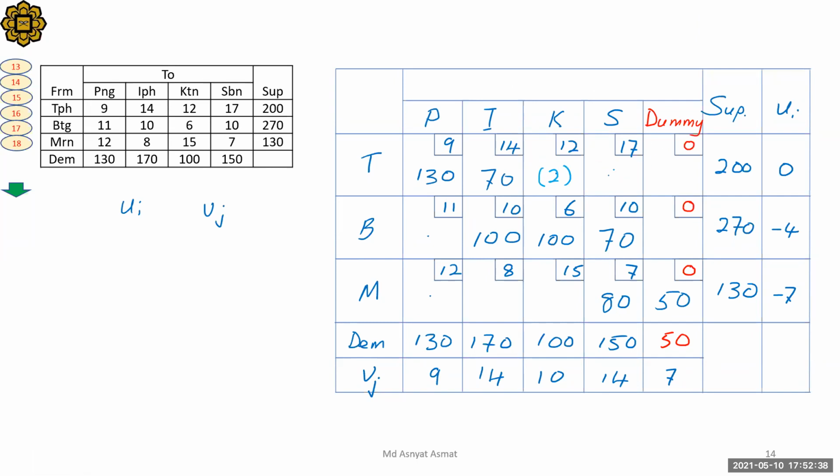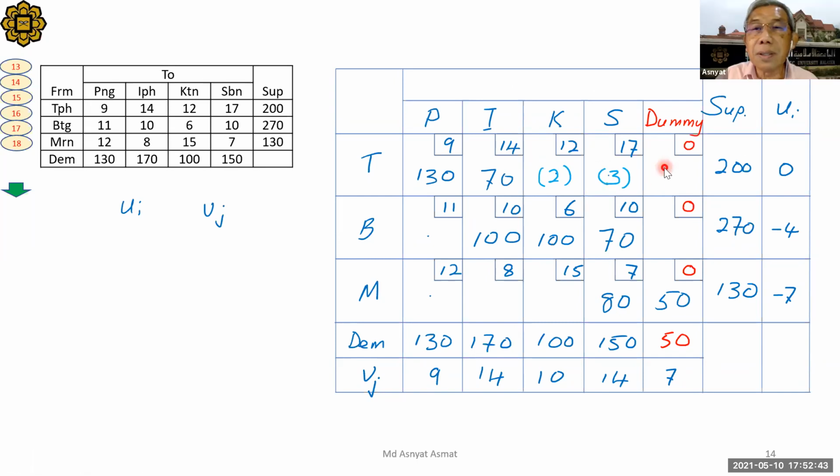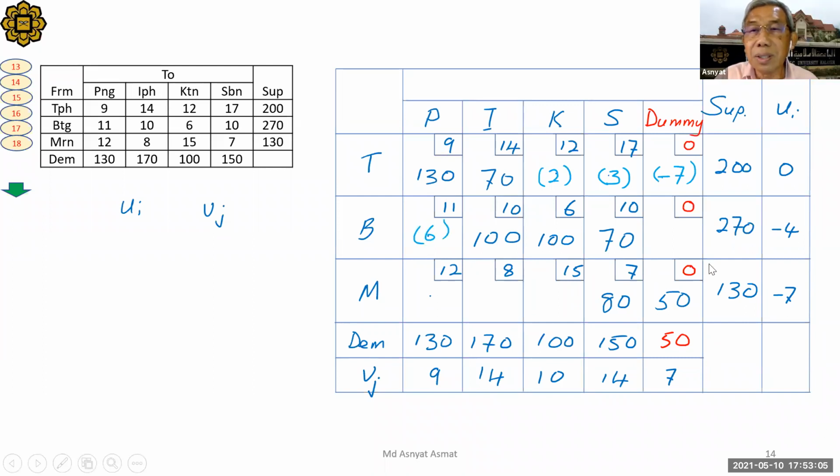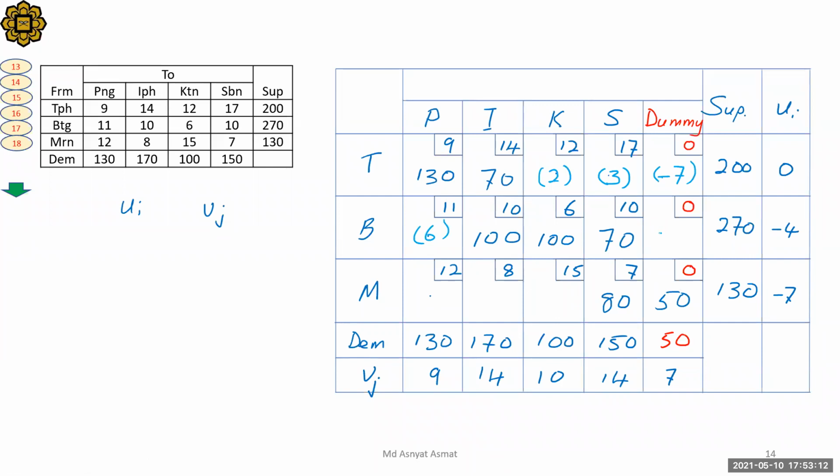Then -7. Somewhere here, 15 minus 9 is 6. And over here, 0 minus -4 minus 7 is -2.